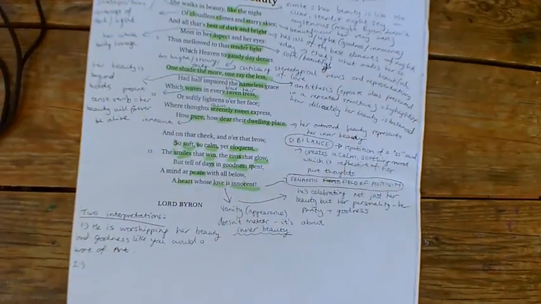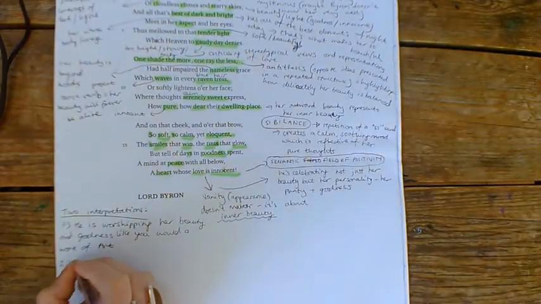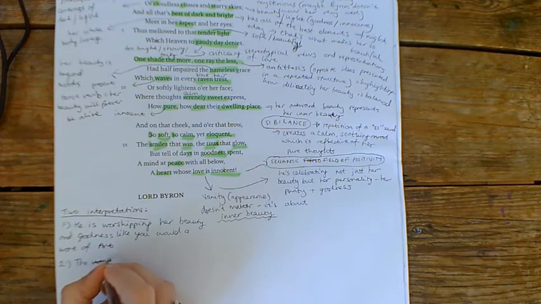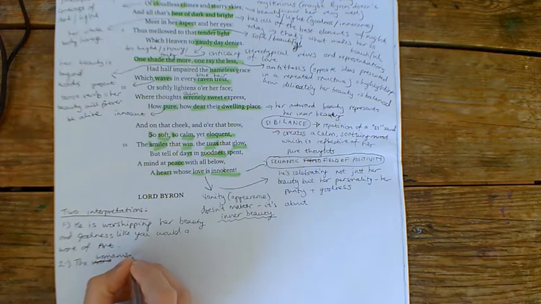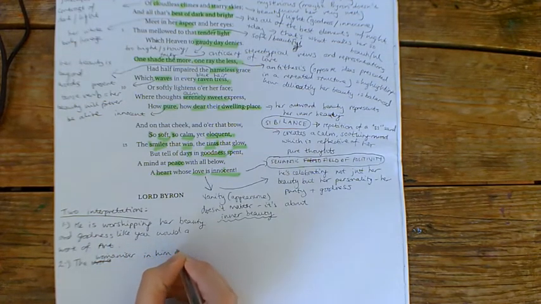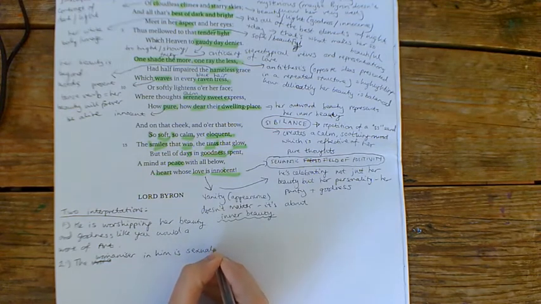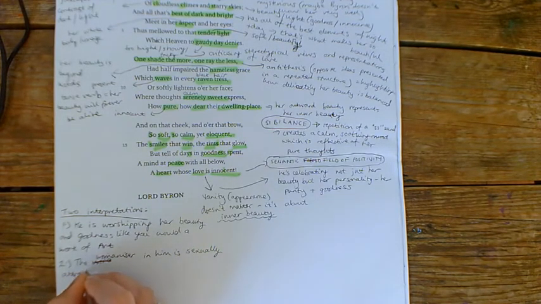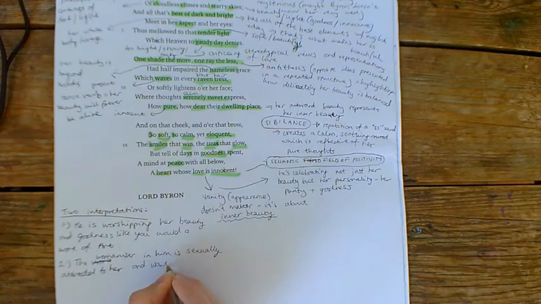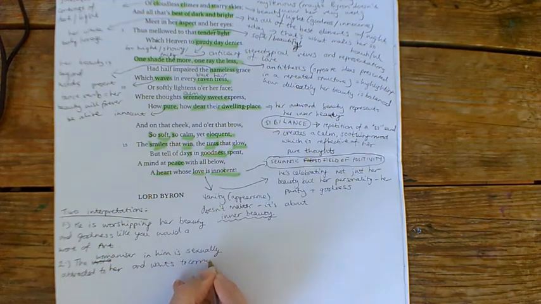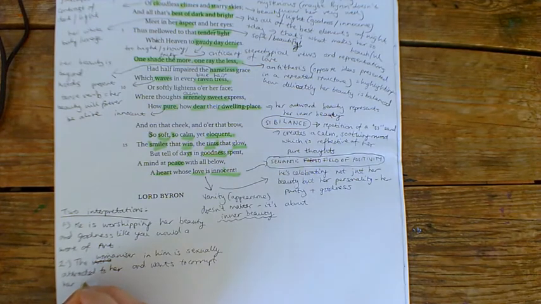Or number two, the womanizer in him is sexually attracted to her and wants to corrupt her innocence. And again, it's up to you which interpretation you believe. There's no right or wrong here.